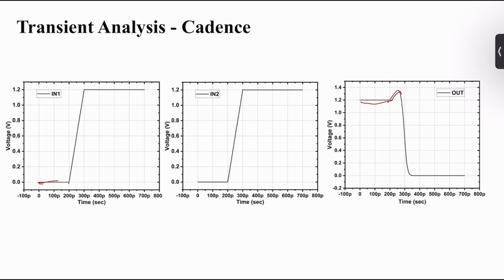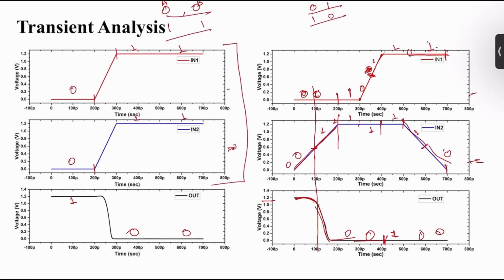In GPDK there is, I think, more parasitic capacitance, so that's why it suddenly increases. But if we avoid that, it will be greater than 1.2, so it will be 1. And from 1 it goes to 0, the same graph as this.